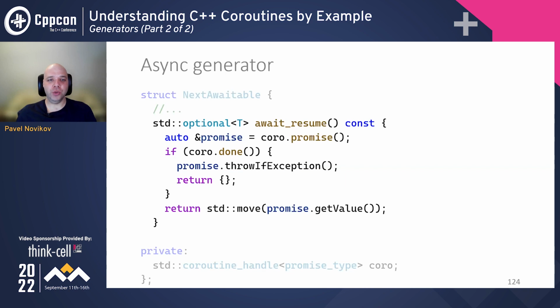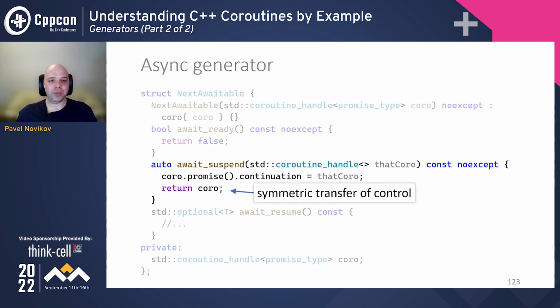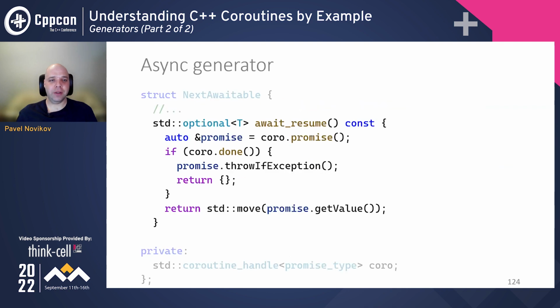So await resume is the last part of the next awaitable. I'm sorry, I said about await suspend. Await resume is the last part in which we get the promise, get the reference to promise. We check if the coroutine is done.